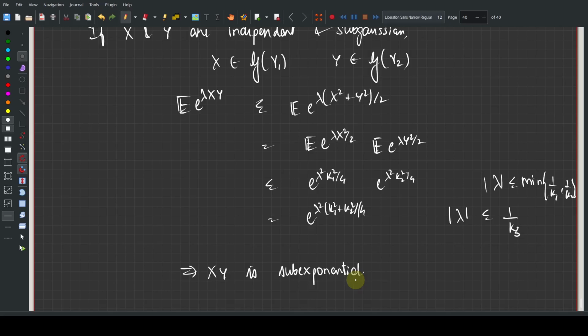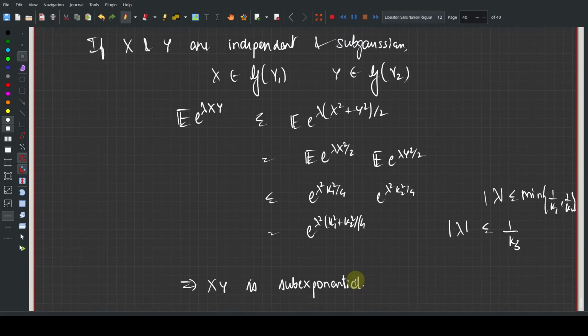If they are dependent, not in general. Say y equals x squared, what's true? If I have random variables x and y which are independent, can I take the product?